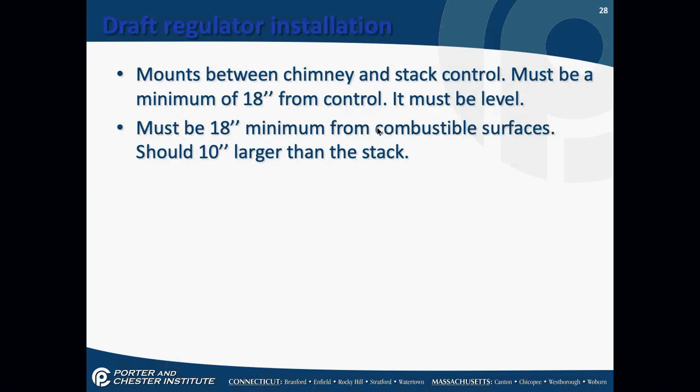In other words, away from any bends, 10 inches larger than the stack. You don't install draft regulators right next to a bend. You don't install draft regulators upside down. The weight has to be at the top or at the side that the manufacturer says, depending on the regulator you buy. Do not install these things sideways. Gravity matters.